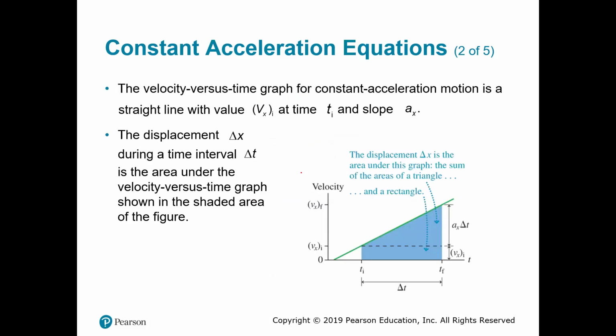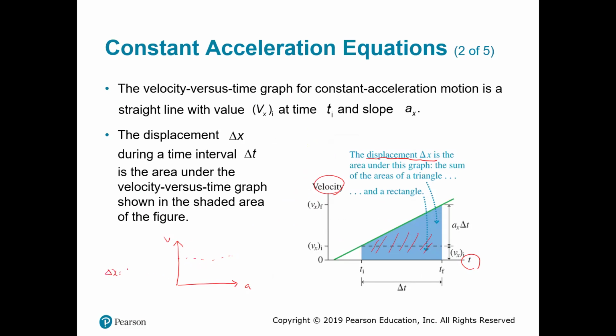Another physical meaning of the velocity versus time graph is that the area under the graph is the displacement x. Let's assume a constant velocity motion. Then what is your displacement?